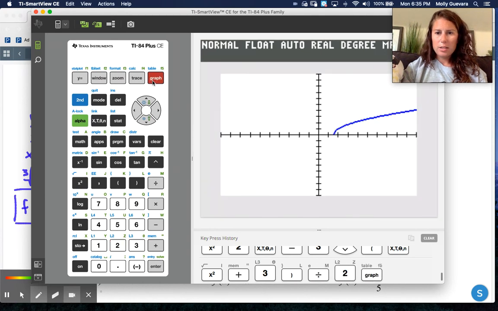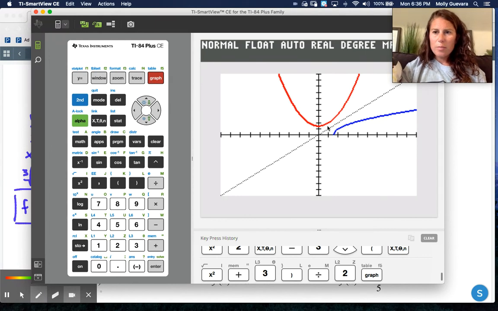Let's see what this looks like. Okay, so something weird just happened because this is my original function, which is square root, so that looks right. So I don't know where this other line is coming from, right? Because really what's reflected over the line y equals x is just from 0 to infinity, this part of the red line. So something weird happened to show this guy as well.